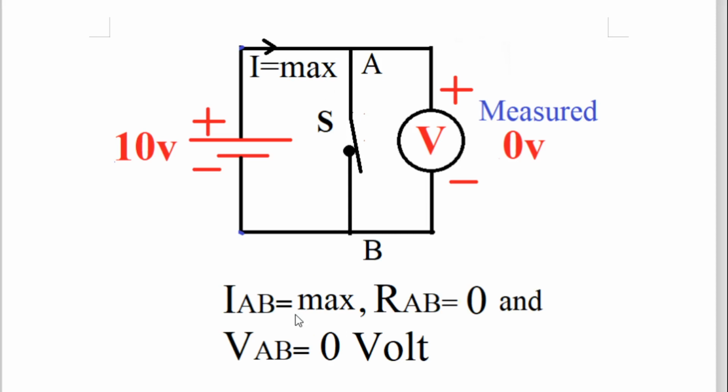So I_AB is equal to maximum, R_AB is equal to 0. Resistance between terminals A and B of the switch is 0 ohm, and voltage between terminals A and B is 0 volt because A and B are now electrically short circuited, and this battery is also short circuited, and therefore voltage between short circuit terminals is always 0.